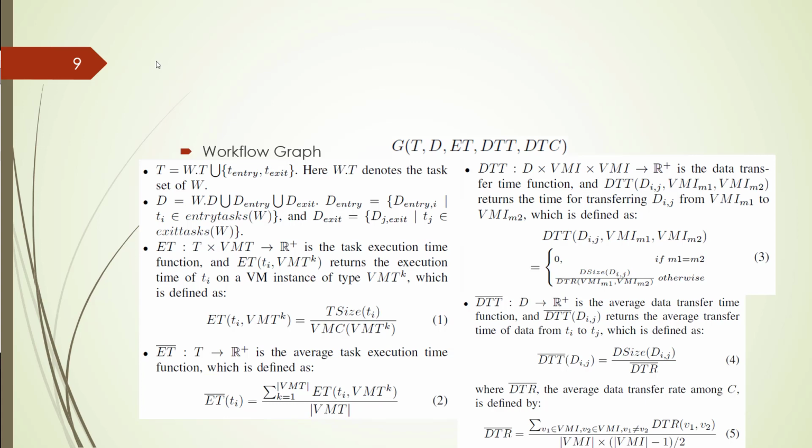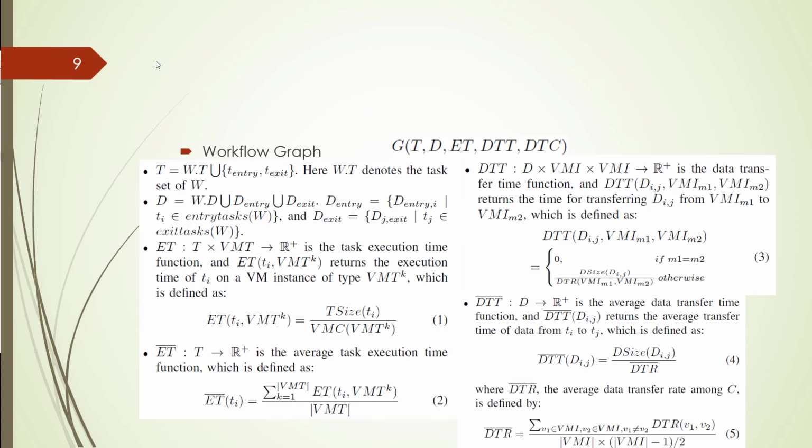The average execution time is a function from task to R plus, the average task execution time function, which is defined, for example, for task T_i, as the sum of the execution times of the task on the different virtual machine types divided by the number of virtual machine types.